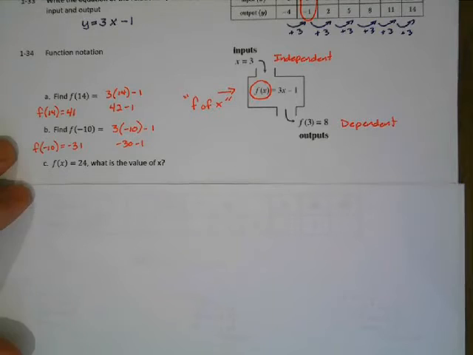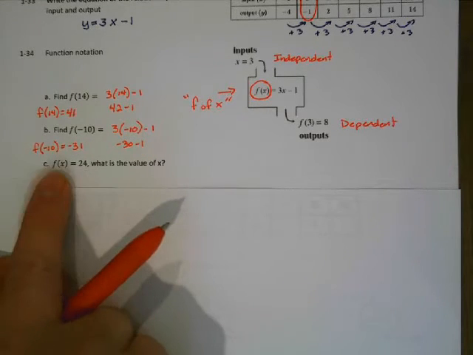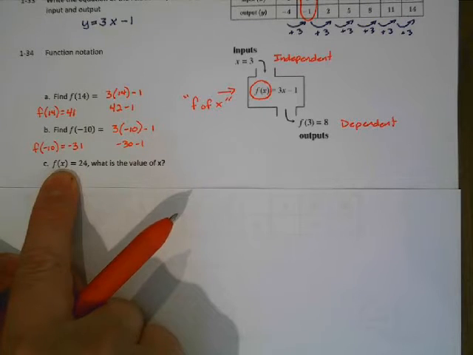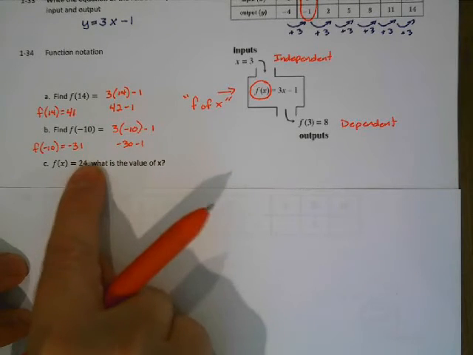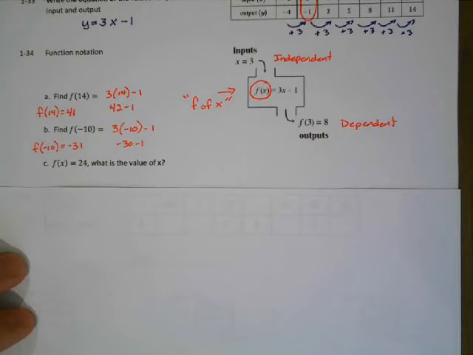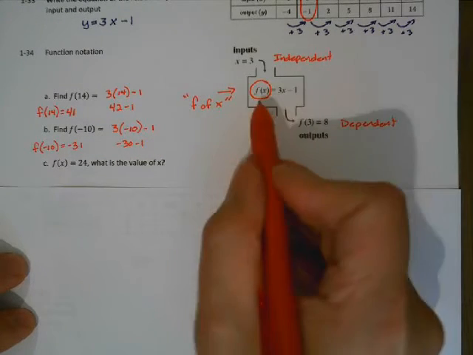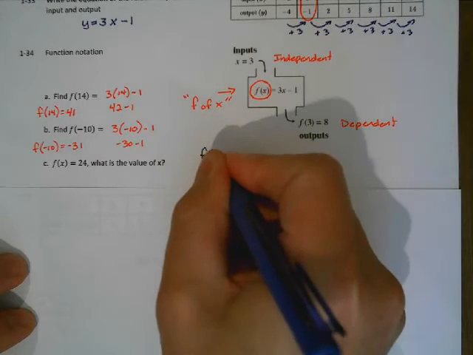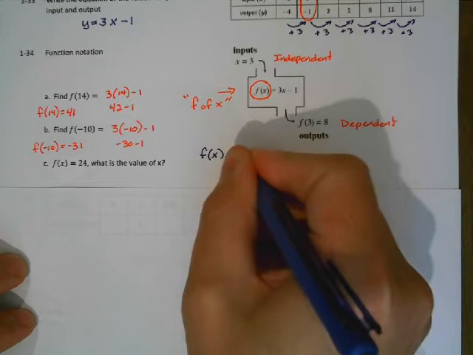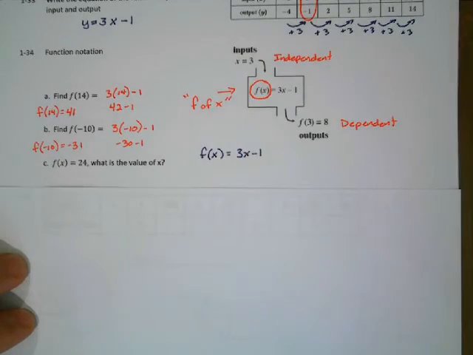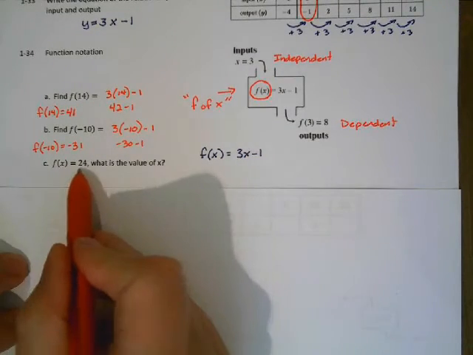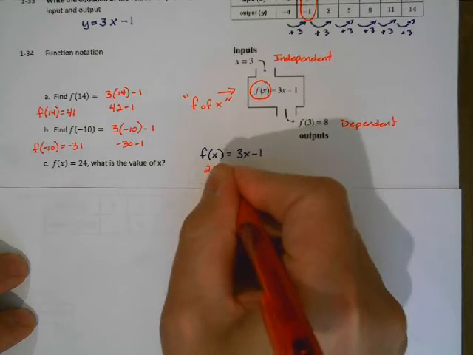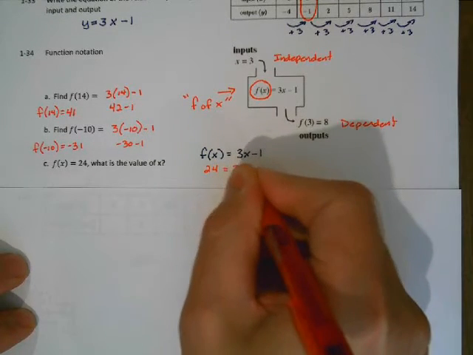All right, what if we knew that f of x was equal to 24? What should the x value be? So basically what we're saying here is we know what the y value is, and we want to know what the x value is. So our function is f of x equals 3x minus 1. So we're saying f of x is 24. So instead of f of x, I'm going to plug in 24 equals 3x minus 1.